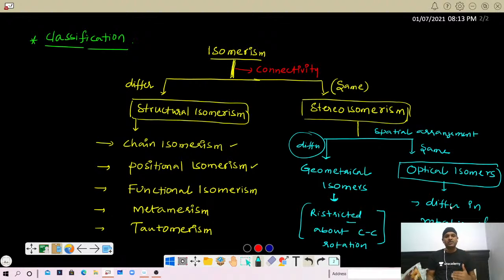Let us discuss one by one. What are the structural isomers? When do we call them chain isomers, when positional isomers, when functional isomers, and so on? We will discuss one by one. So let us start with structural isomerism.